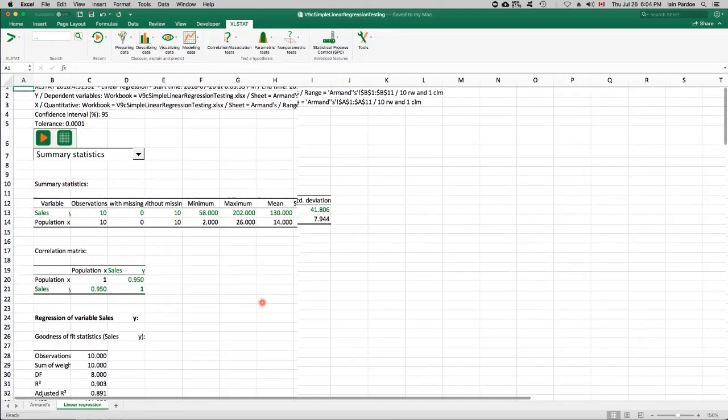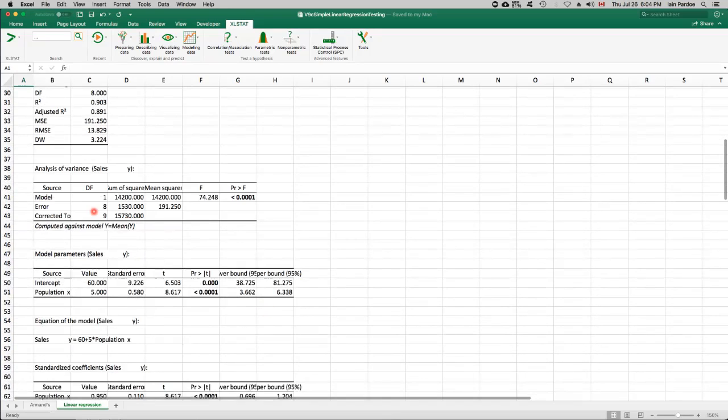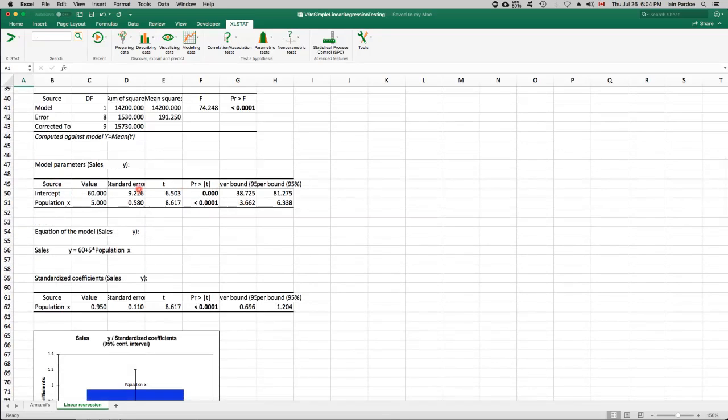Okay, so let's scroll down. There's the analysis of variance table right here. All these numbers match the numbers that we calculated by hand. And then here's the parameters table, and these numbers match the ones we got by hand as well.